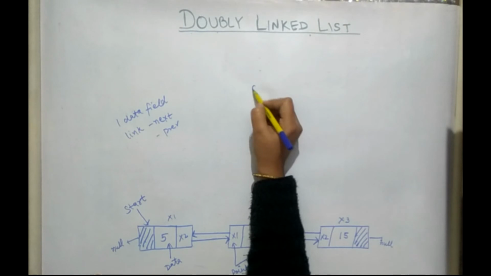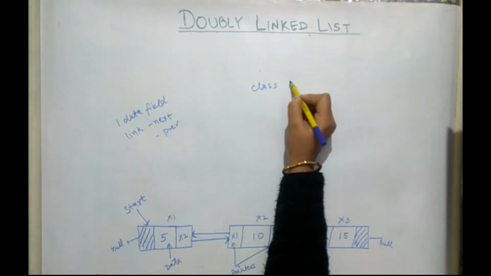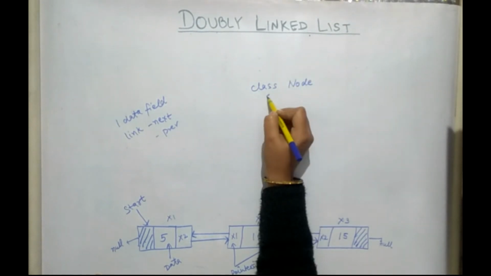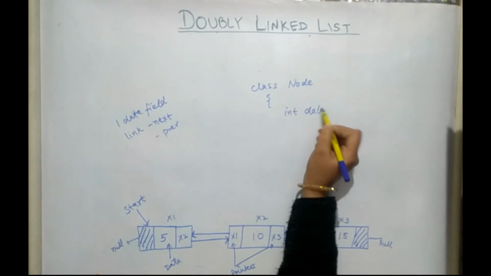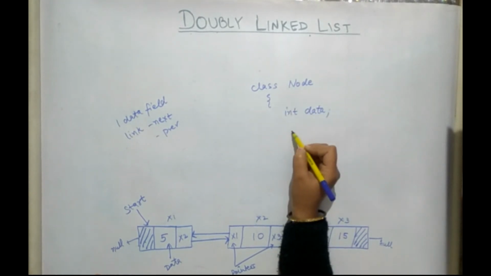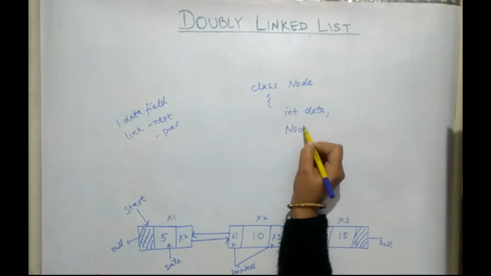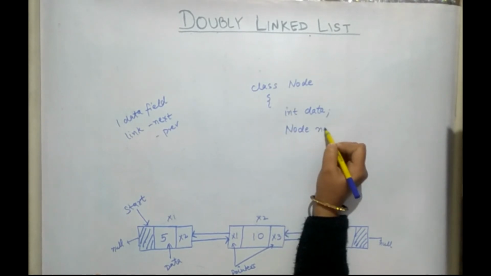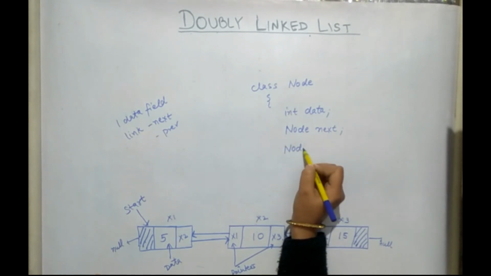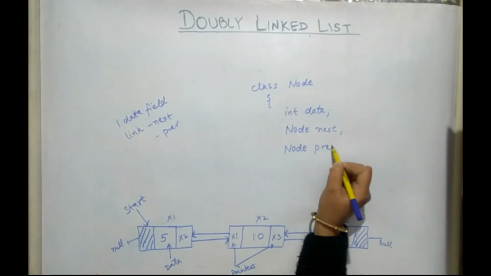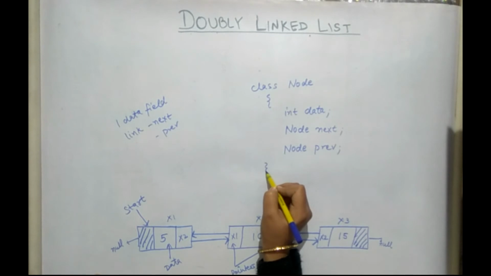So we have a structure like this: class node, where we have one data field like we have in a singly linked list, and here we have one link for the next node and one link to the previous node.